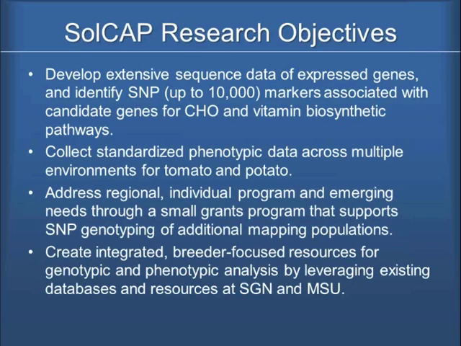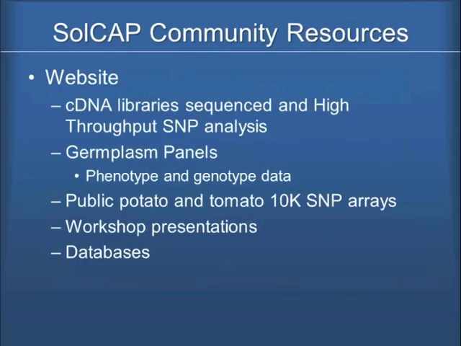As a potato breeder, I've got to be able to access that browser and use that information now that we have the genome sequence, and use that in our genetic analysis, with the phenotypic data, with the SNP data available. As a breeder, how can I use that data? How is this going to help my breeding program move forward?